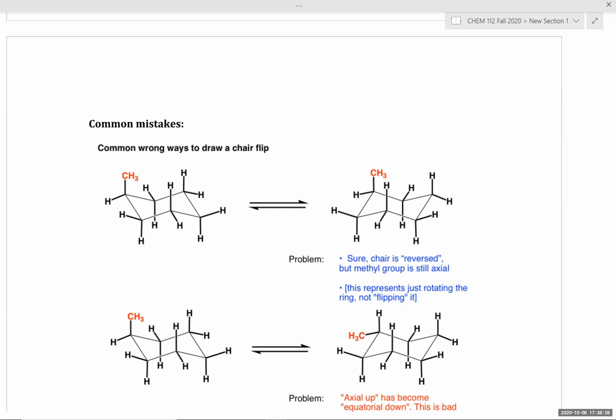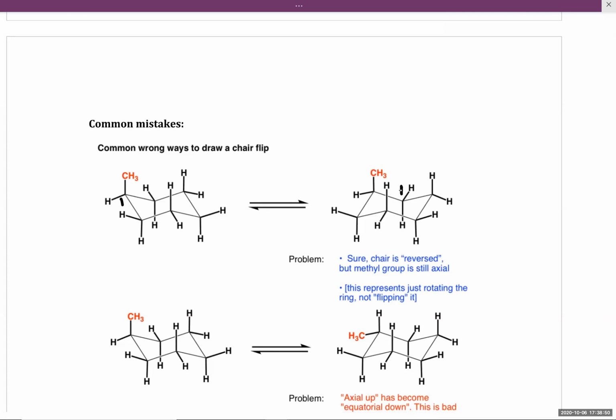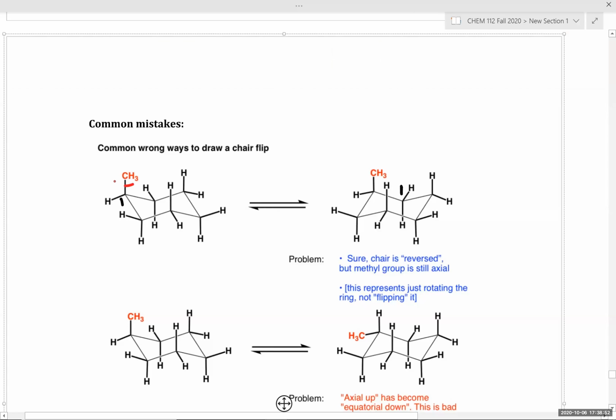The first mistake that I often see is they draw the ring flip cyclohexane, but they do not adjust the carbon numbers. If this is carbon 1, it will end up over here after a ring flip. You can immediately tell that something is wrong with this attempted ring flip because this methyl group here is axial pointing up. So this would look something like this, wedge.